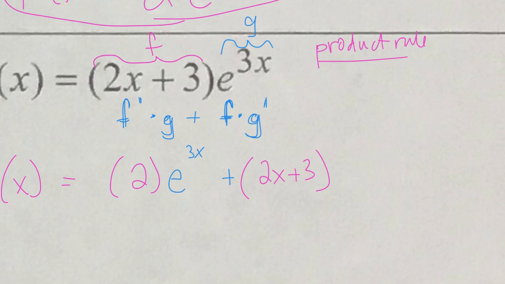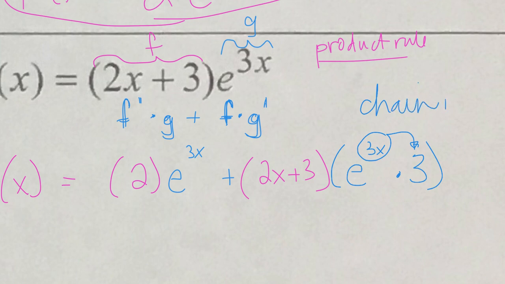When we're taking the derivative of e to the 3x, it is itself times 3. It is itself, and then you have to multiply it by the derivative of the exponent. This applies the chain rule in order to take the derivative of e to the 3x.